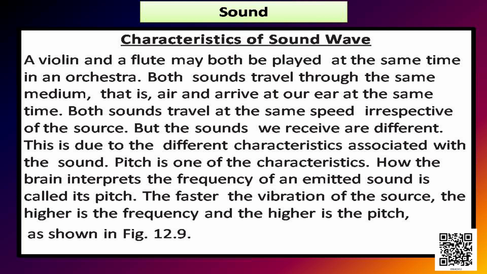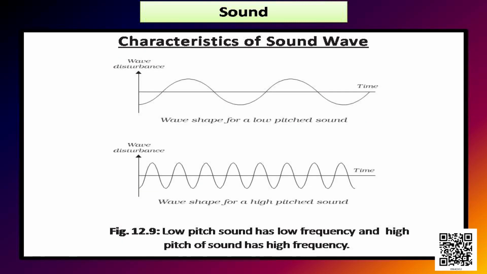Pitch is one of the characteristics. How the brain interprets the frequency of an emitted sound is called the pitch. The faster the vibration of the source, the higher is the frequency and higher is the pitch, as shown in figure 12.9.